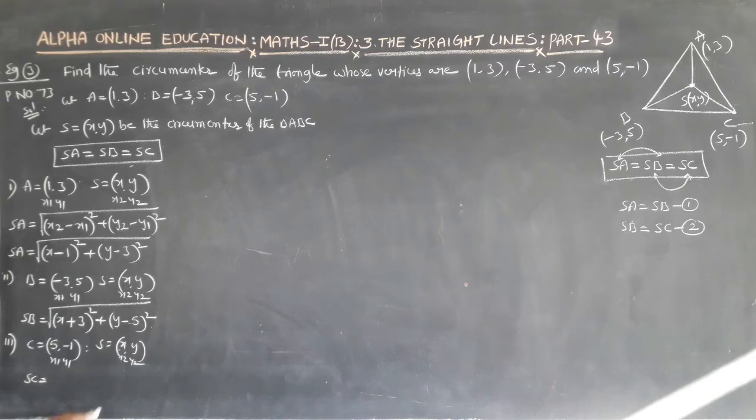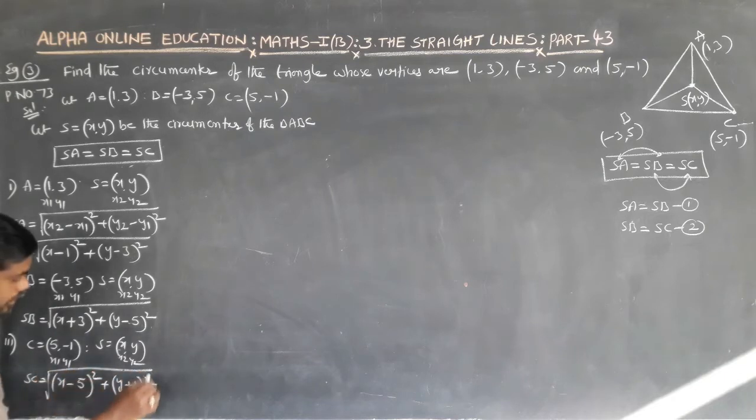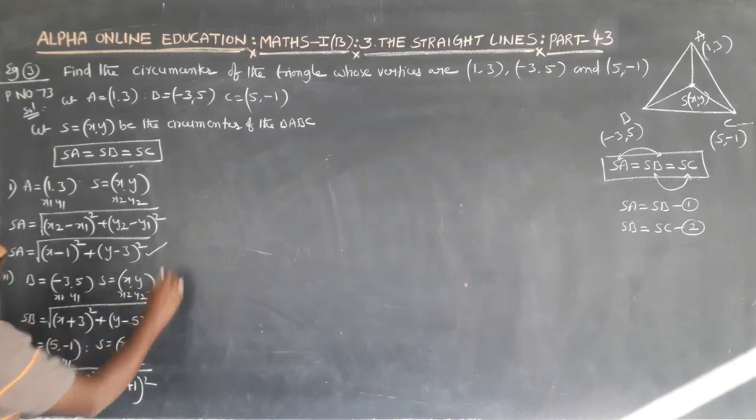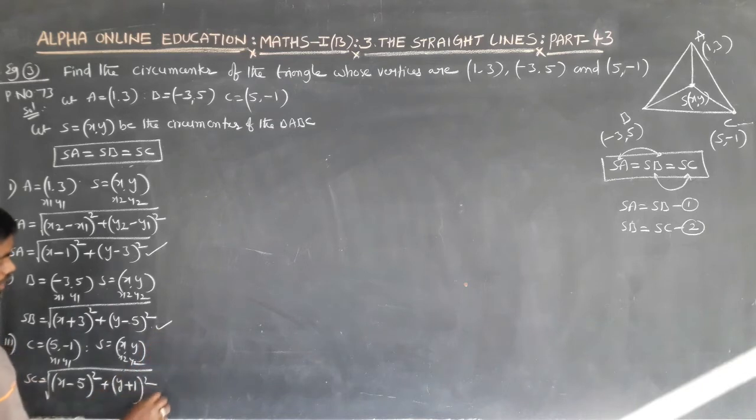SC is the square root of (x minus 5) whole squared plus (y minus (-1)) whole squared, that is (y plus 1) whole squared. This is the SC value. So we have found the SA, SB and SC values.